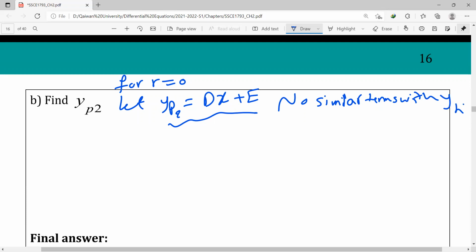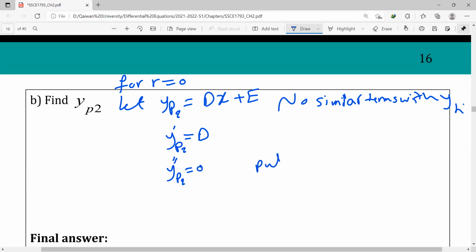So now we are going to find the derivatives, then return them to the differential equation. yp2 prime equals d. Then y double prime of p2 equals 0.